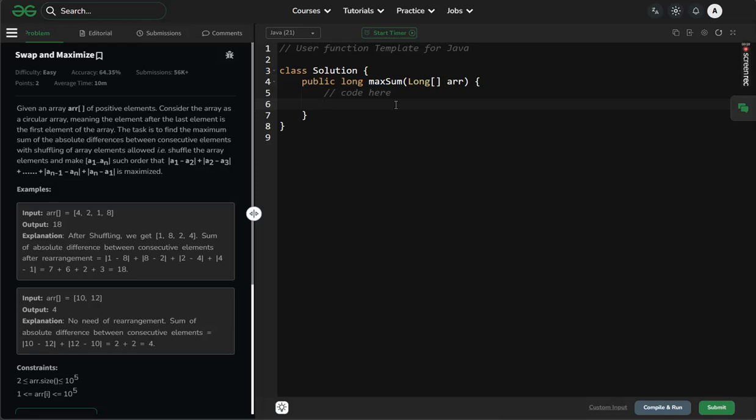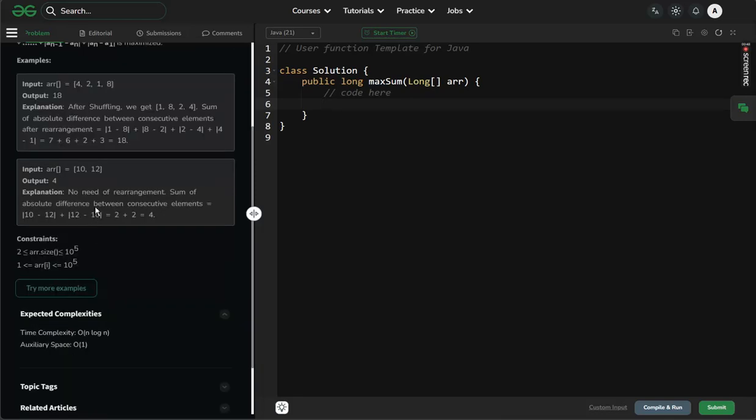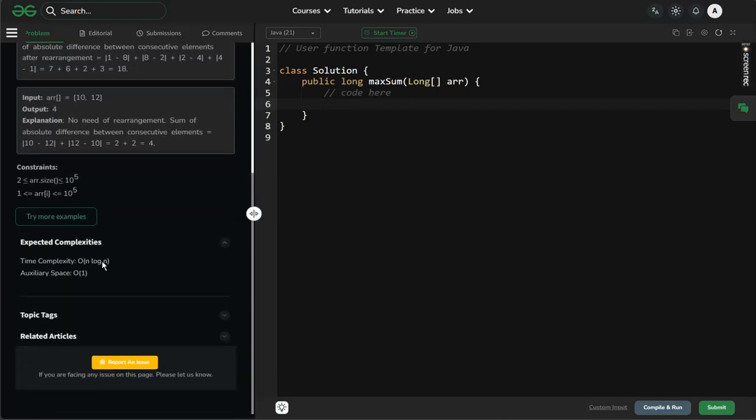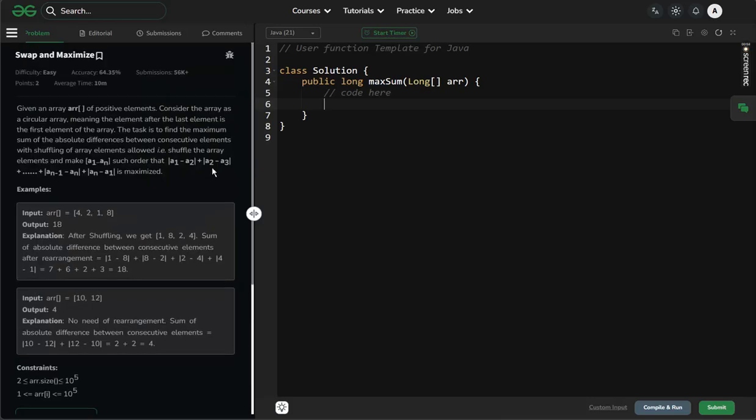Shuffling the array elements is allowed, so that the order A1 minus A2 plus A2 minus A3 and so on is maximized. This is the particular question we are talking about, and also the time and space complexities they expected.